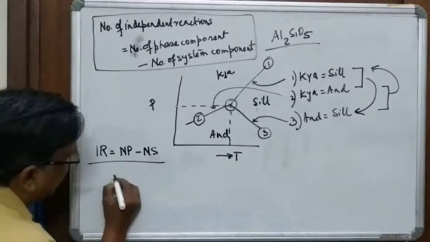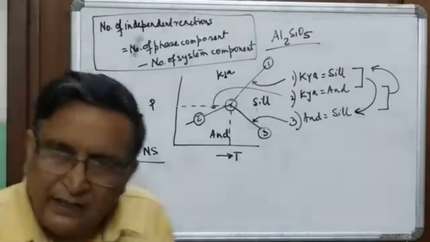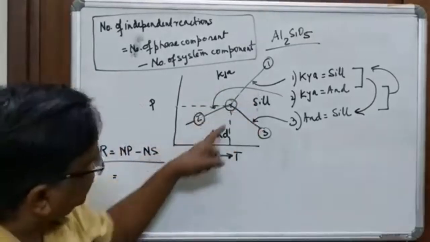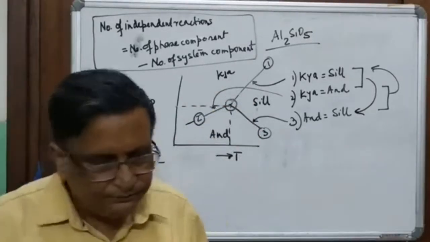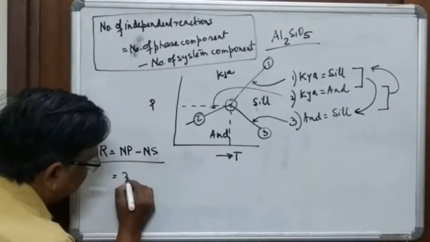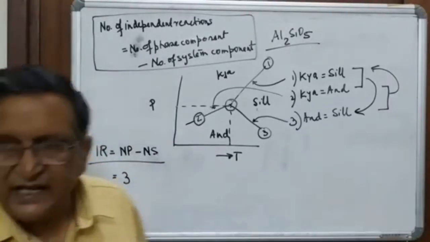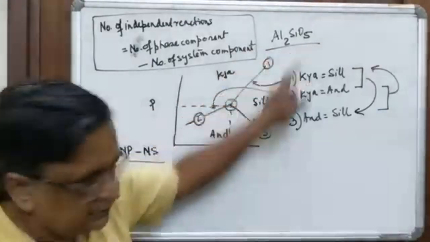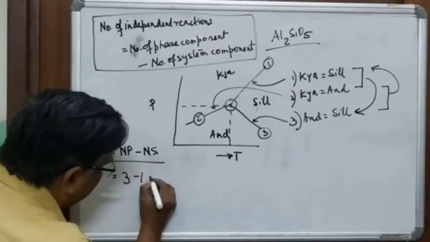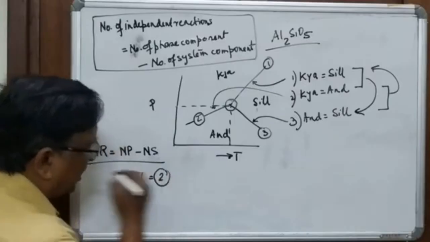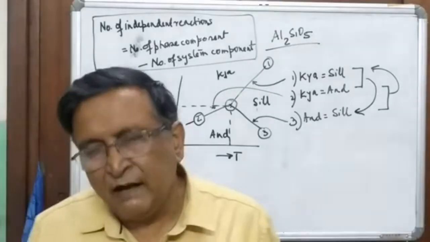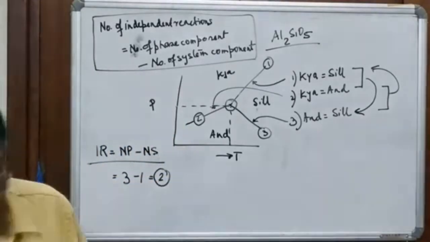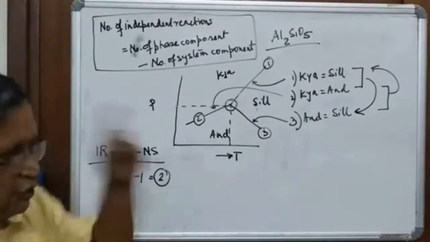So how do we do it now? Number of phase components, how many? One for each of the pure phases. 3. Minus number of system components, Al2SiO5, minus 1 equals 2. There you are. The number of independent reactions in this is 2.